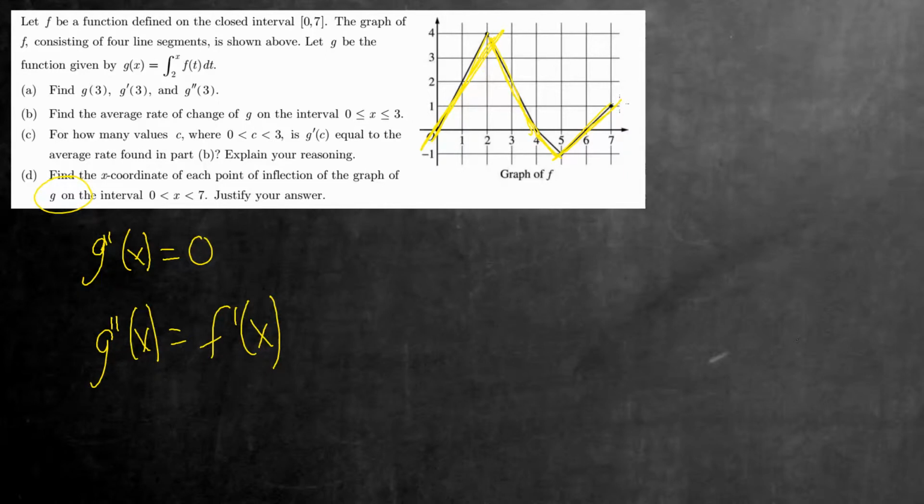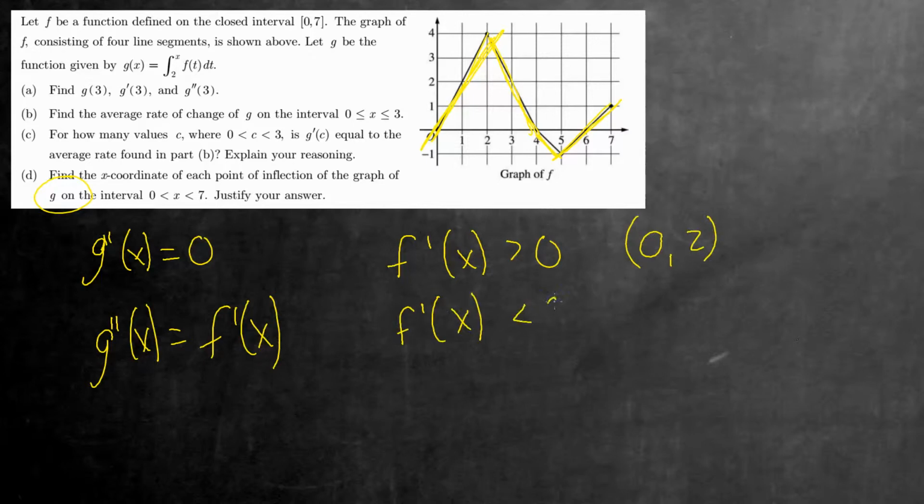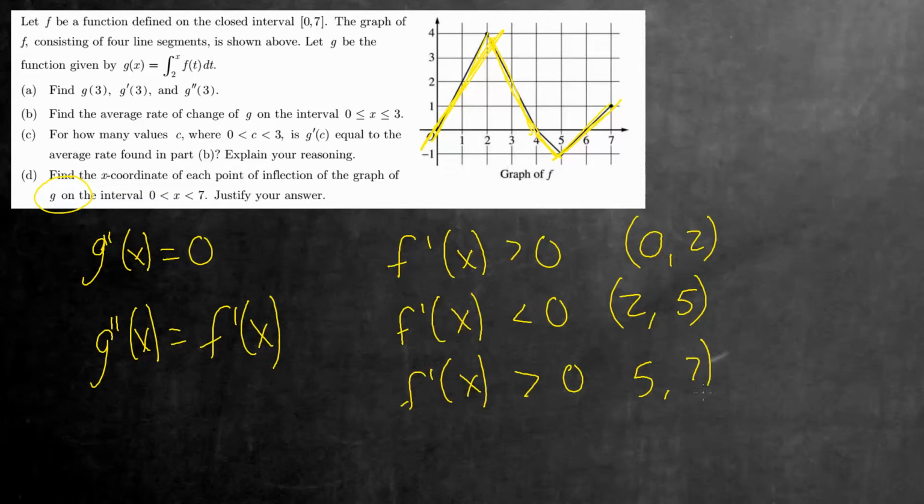So f prime of x is greater than 0 from 0 to 2. F prime of x is less than 0 from 2 to 5, really. F prime of x is greater than 0 from 5 to 7.